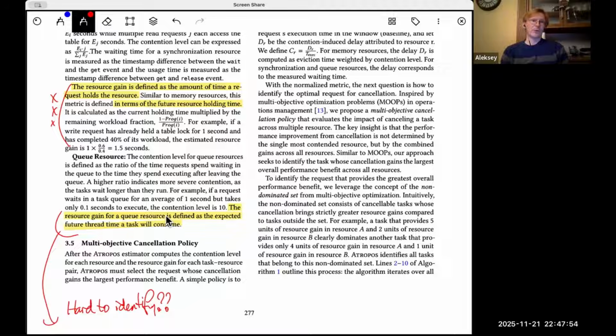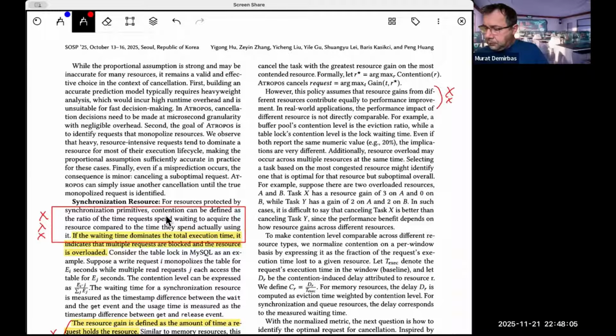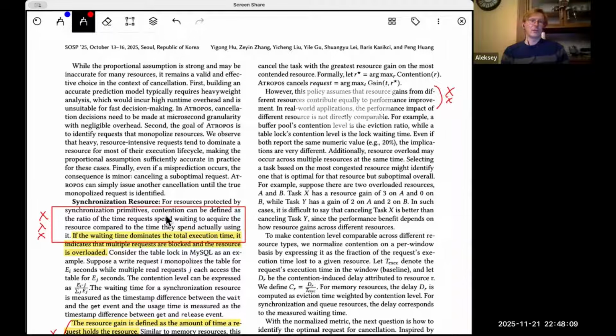However, this policy assumes that resource gain from different resources contributes equally to performance improvement. In real-world applications, the performance impact of different resources is not directly comparable. For example, a buffer pool's contention level is the eviction ratio, while a table lock's contention level is the lock's waiting time. Even if both report the same numeric value, like 20%, the implications are very different.